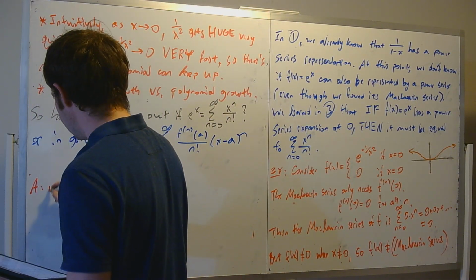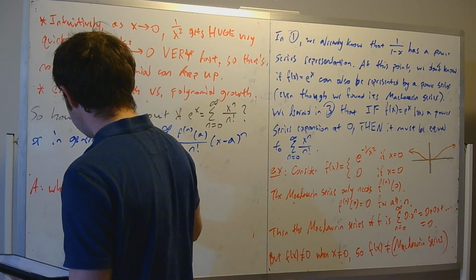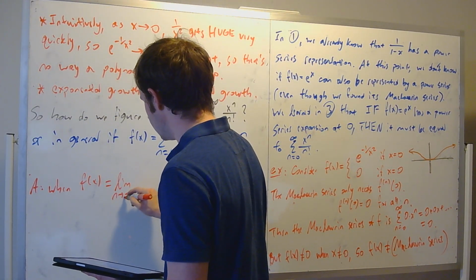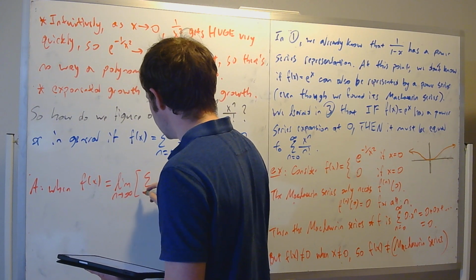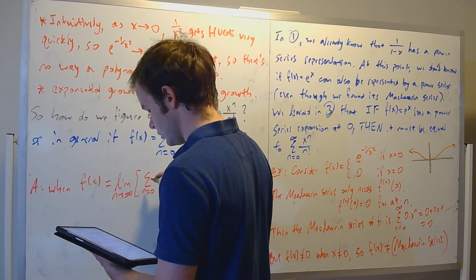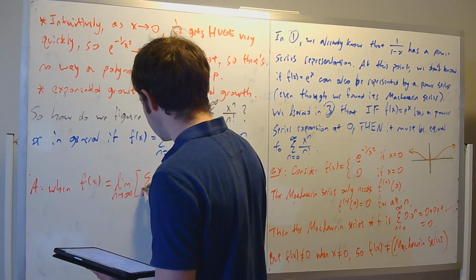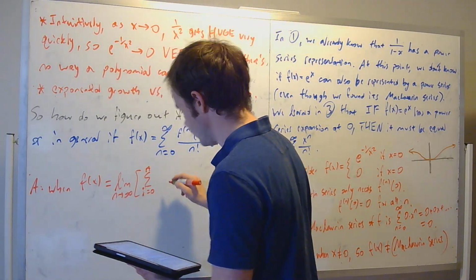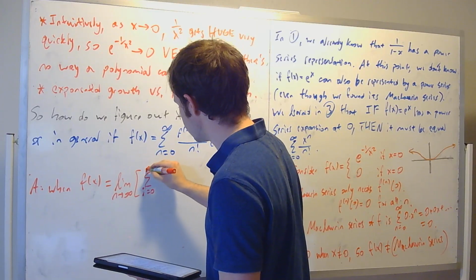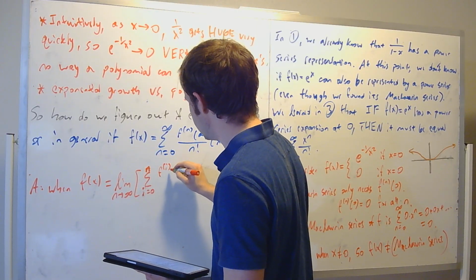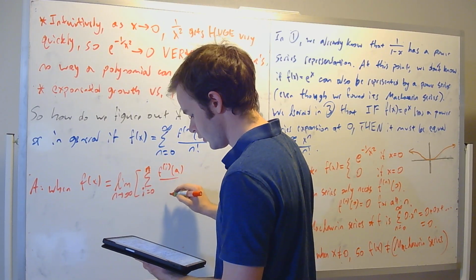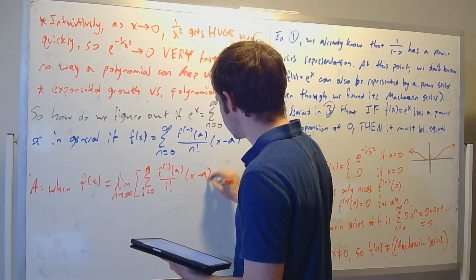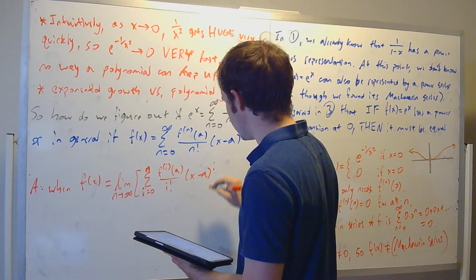And our answer is going to be when f of x is equal to the limit as n goes to infinity of the sum from i equals 0 to n of the ith derivative at a over i factorial times x minus a to the power of i.